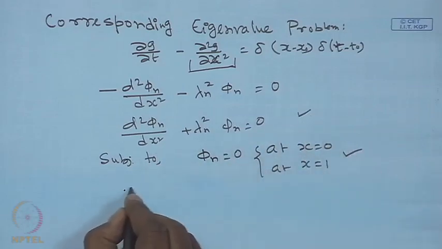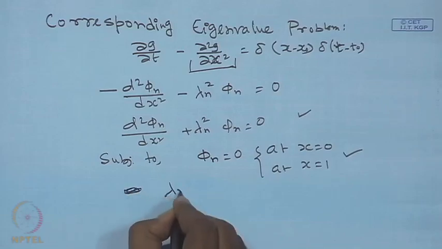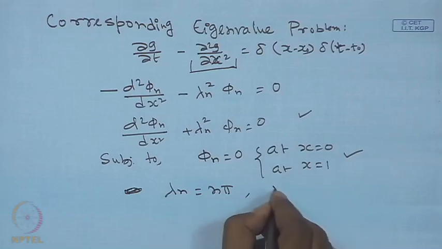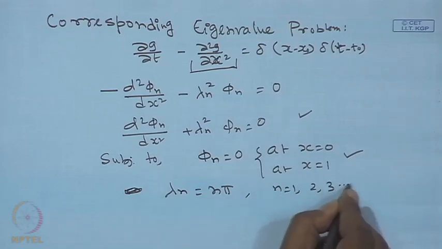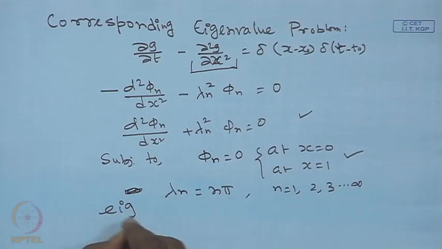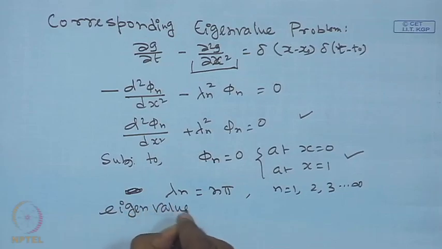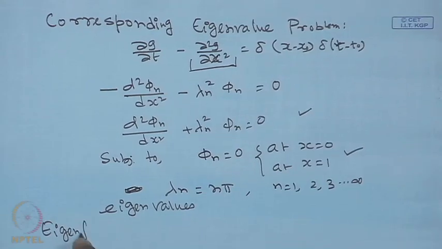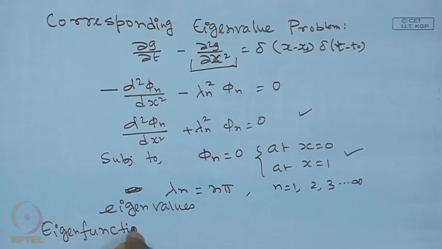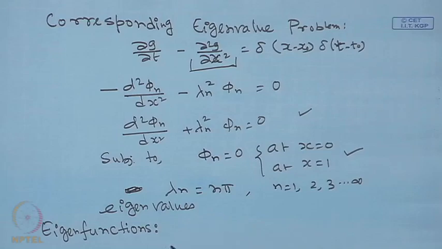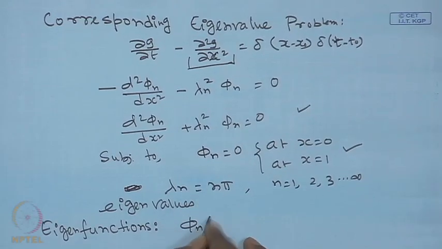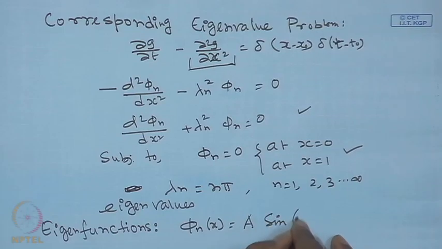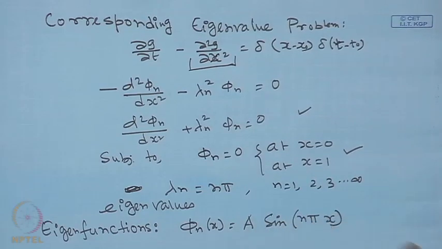The eigenvalues are n pi, with n equal to 1, 2, 3 up to infinity, and the eigenfunctions are sine n pi x.